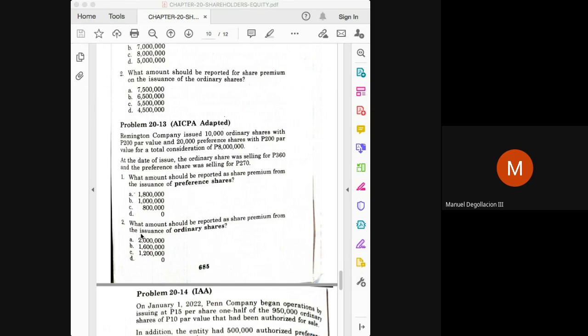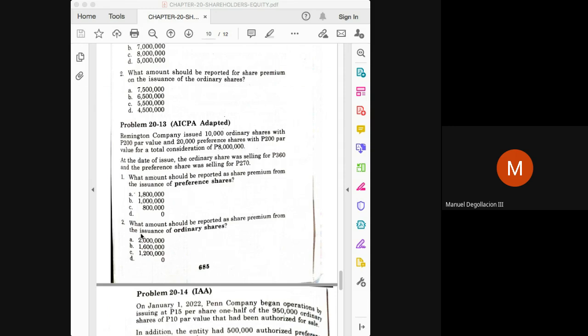So to get the value that will be assigned to the preference shares, you multiply the 8 million with the 5,400,000 total fair value of the preference shares divided by 9 million, the total fair value of the preference and ordinary shares.